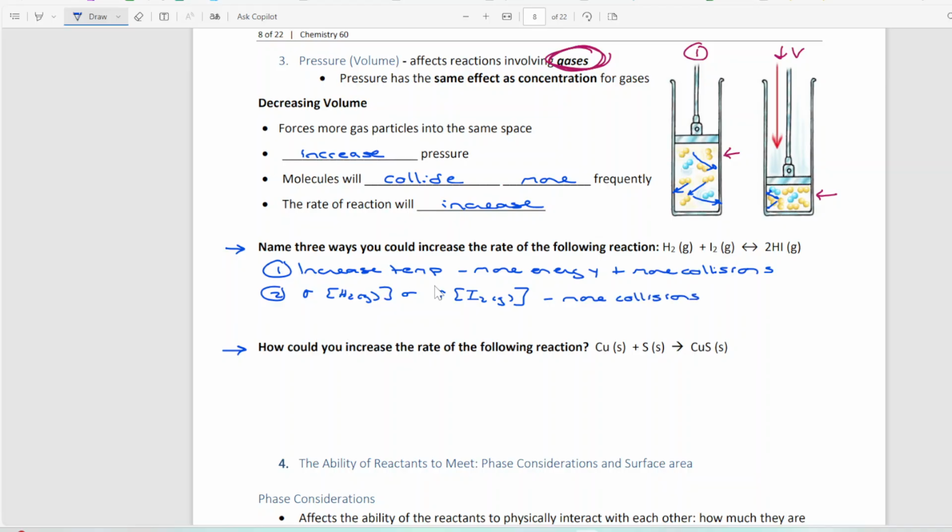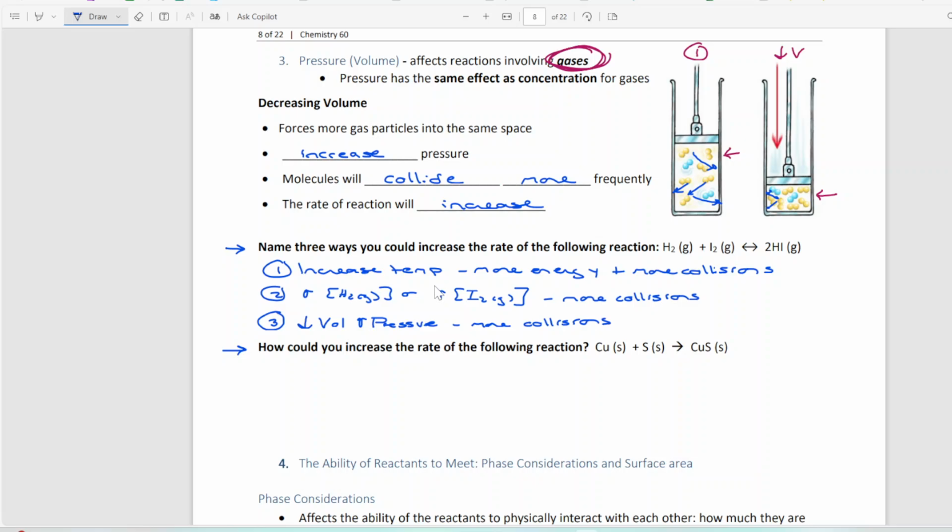And there's just more molecules, right? So there would be more molecules that would have sufficient energy for successful collision. And number three is you could decrease the volume to increase the pressure of your system. And again, you would have more collisions.